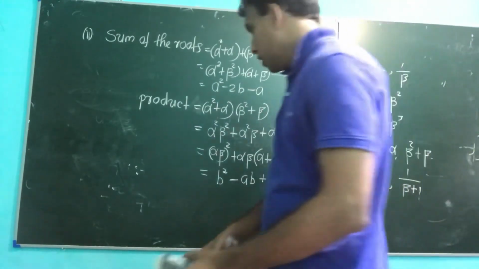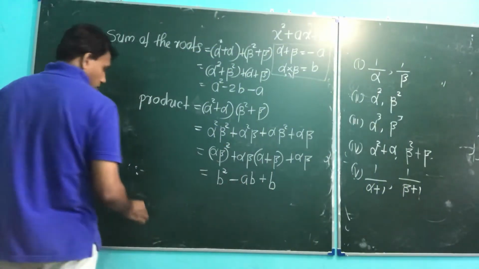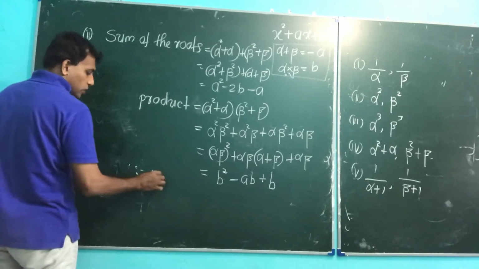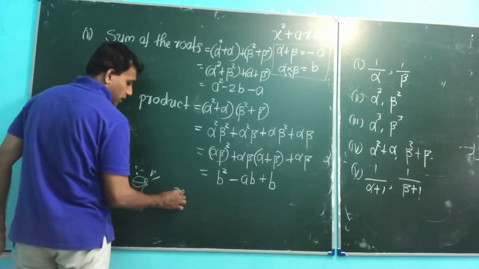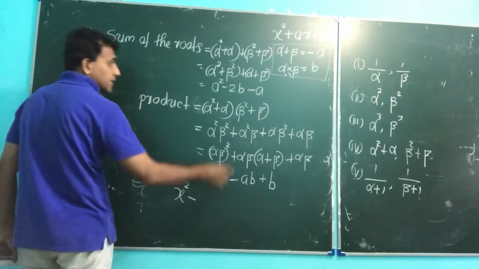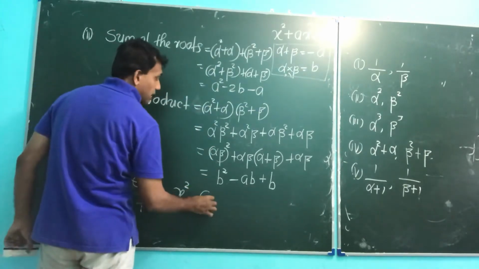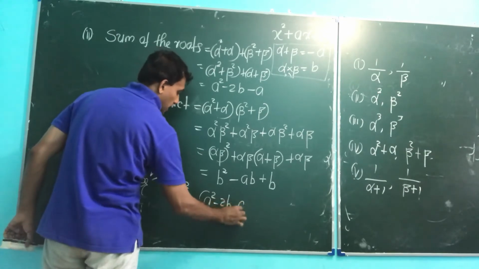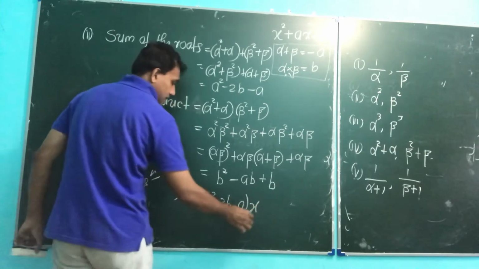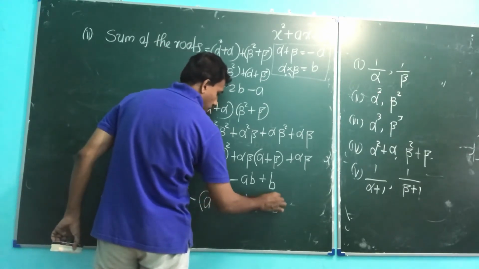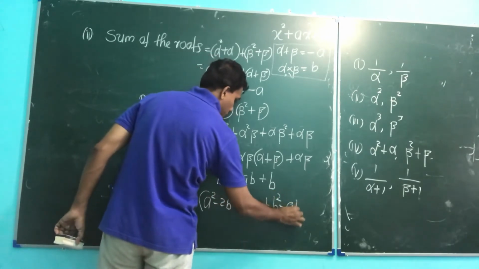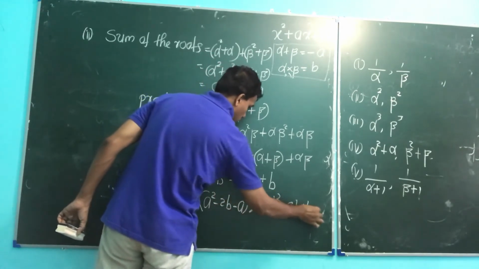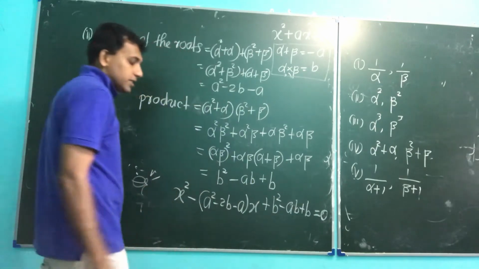The equation is x square minus the sum of the roots into x plus the product of the roots equals 0.